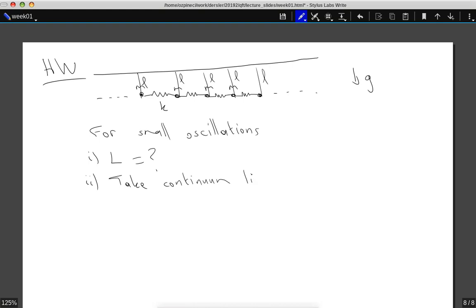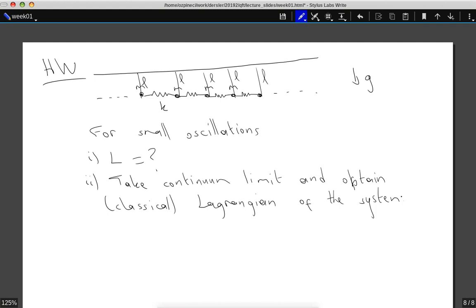And take the continuum limit. It's not quantum mechanics, it's just the classical limit.